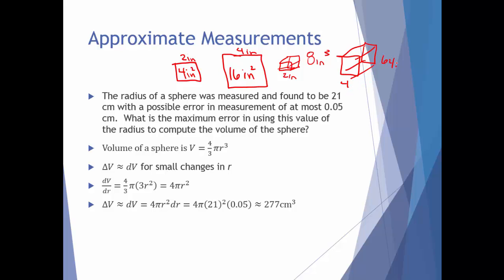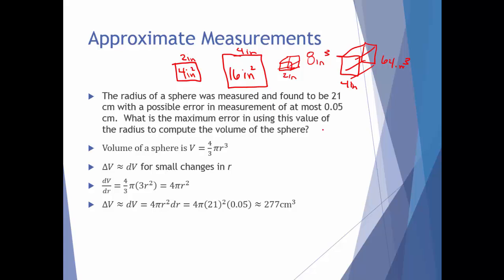It's 64 cubic inches. Okay? It's a huge change. So you've got to be very careful about any error in a linear measurement and using that to compute a larger dimensional quantity, because that error is going to compound over and over again. So that's what this is about.